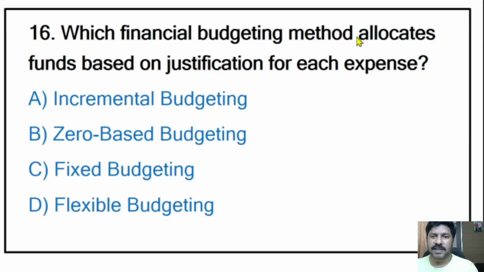Which financial budgeting method allocates funds based on a justification for each expense? Incremental budgeting, zero-based budgeting, fixed budgeting, flexible budgeting. Correct answer is zero-based budgeting. In that case, for every expense, the person has to justify.